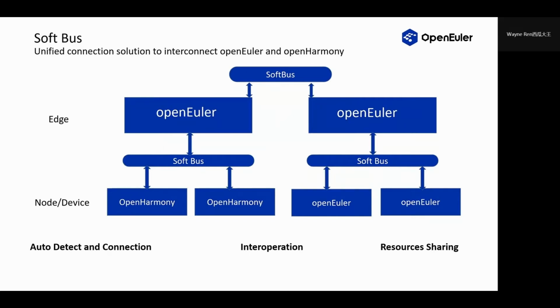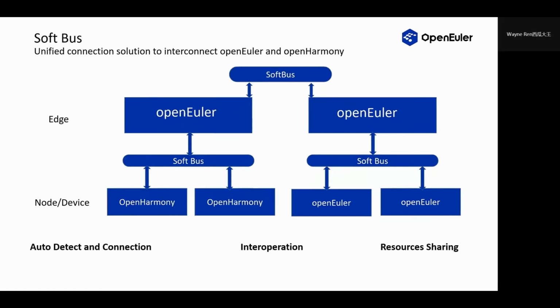It is designed to simplify the connection and management of node devices, and is already widely used in consumer electronics, a little like the recent very popular Matter protocol. Here, we work with the OpenHarmony community to port softBus technology to openEuler to interconnect the openEuler ecosystem and the OpenHarmony ecosystem.